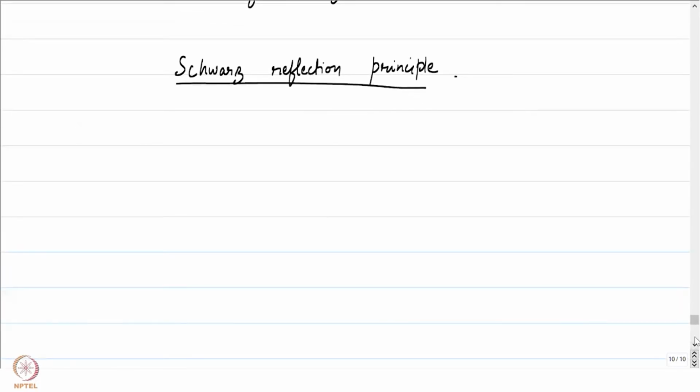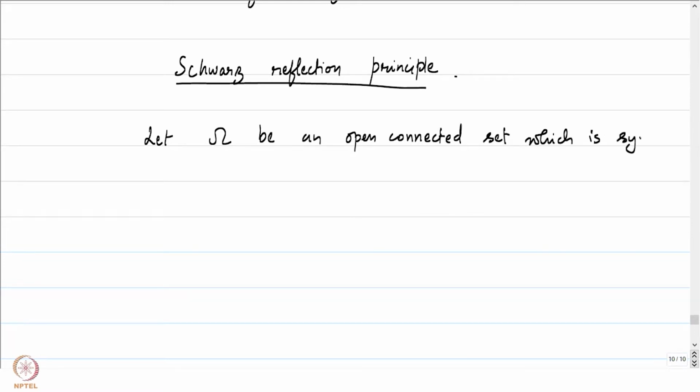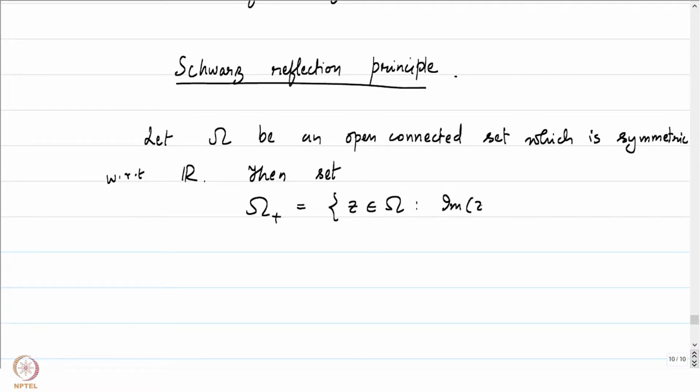Before we state the Schwarz reflection principle, given a symmetric domain, let us fix some notations. Let omega be an open connected set which is symmetric with respect to the real line. Then set omega plus to be all those points in omega which are in the upper half plane, the imaginary part of z greater than 0.